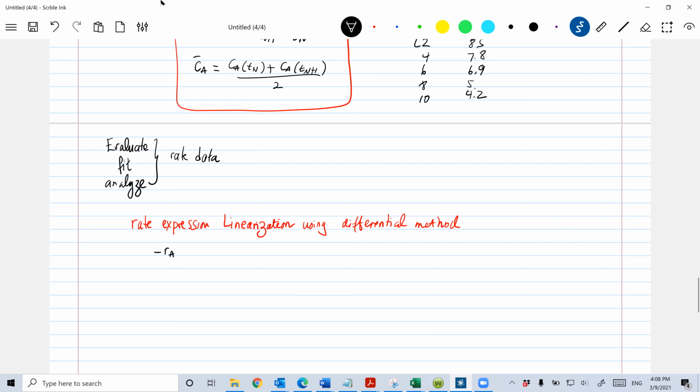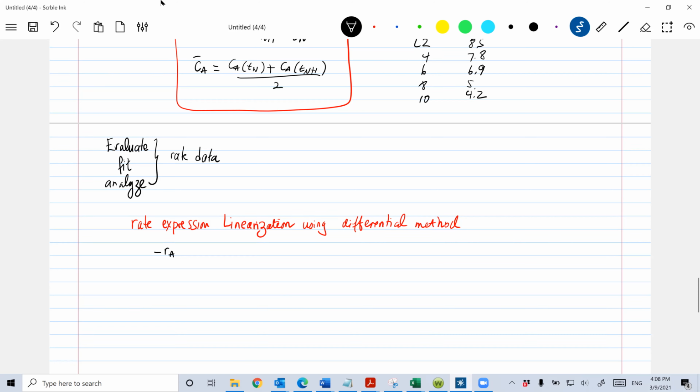And we just went through, in the first half hour or more, how we get that RA data. They each have their pros and cons, and sometimes you can't use the integral method because your rate expression cannot be integrated easily. We'll see rate expressions that are very difficult to integrate.